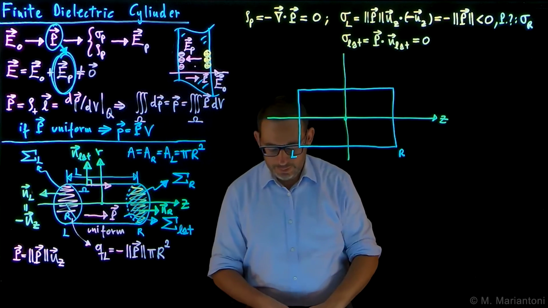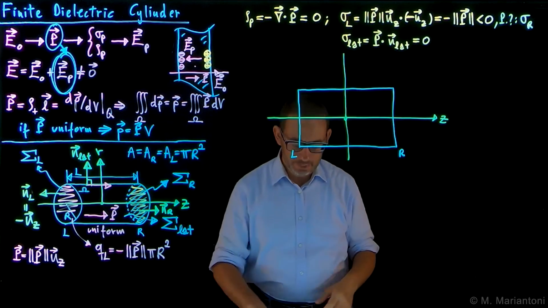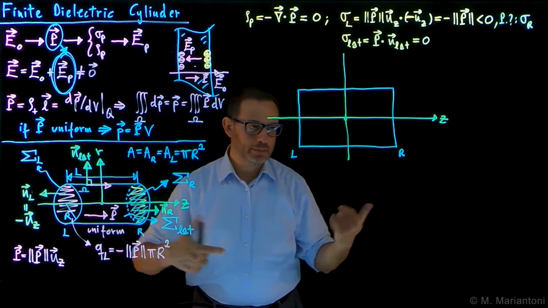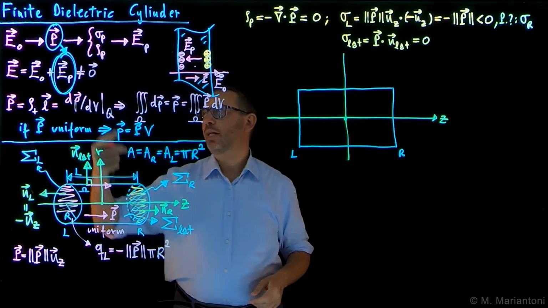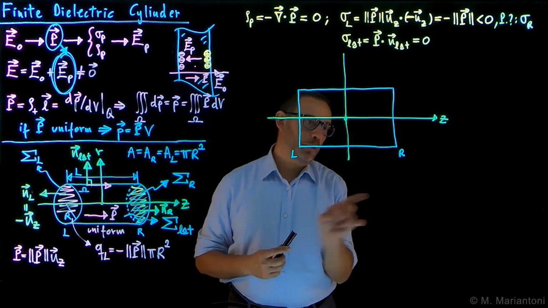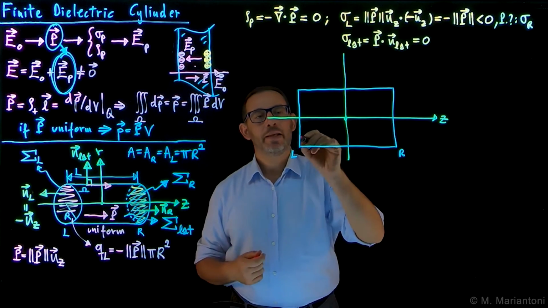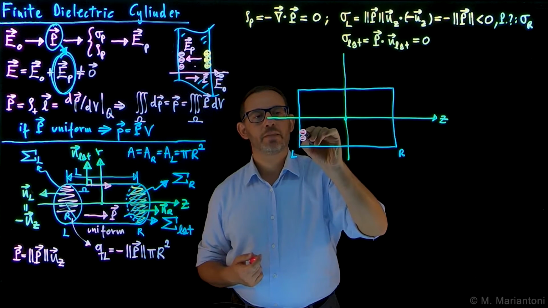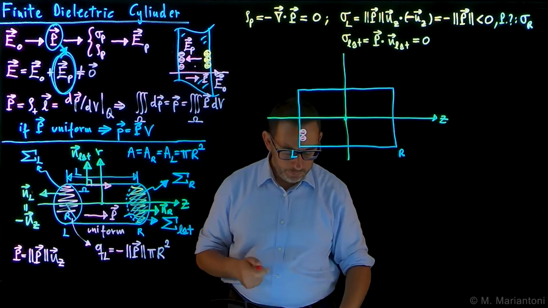Intuitively, qualitatively, does it make sense that sigma left is negative? Well, we have a polarization field P directed towards the right, which means this was generated by an E naught also directed towards the right, which means if E naught and P point towards the right, clearly negative charges will accumulate here on the left hand side of this cylinder.